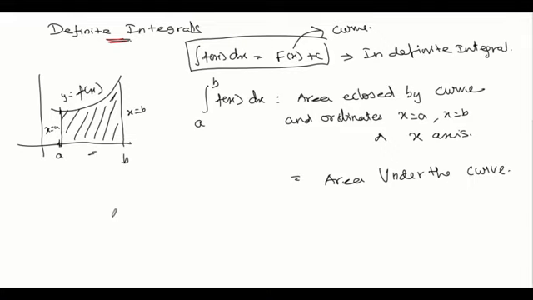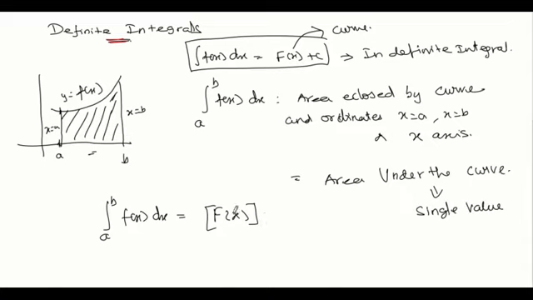To get this particular area, integral a to b f of x dx is nothing but F of x, but there won't be the integral constant because it will be a single value. Area is nothing but a single value, it won't change at all.